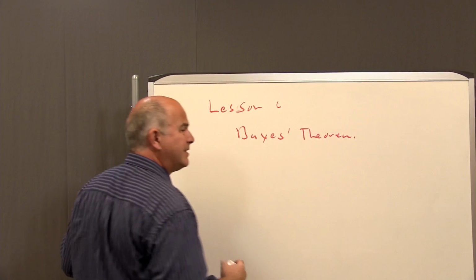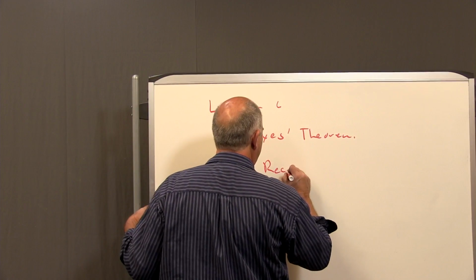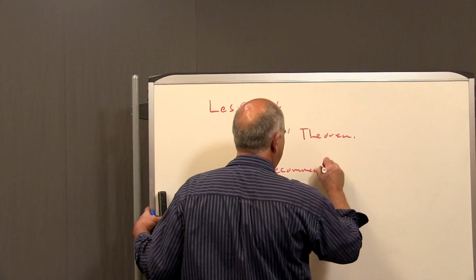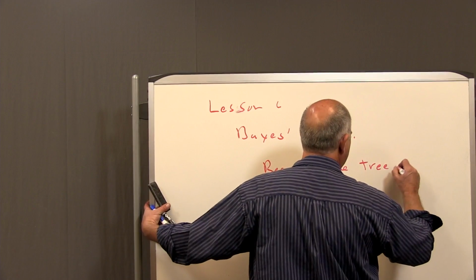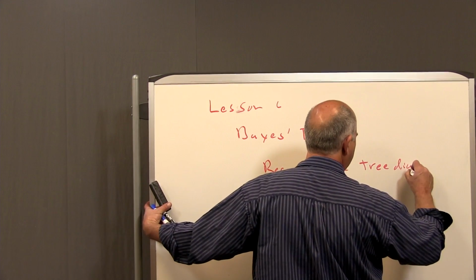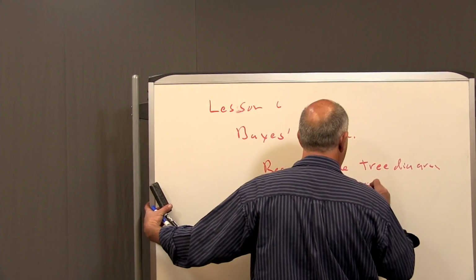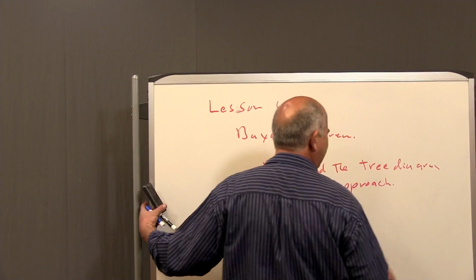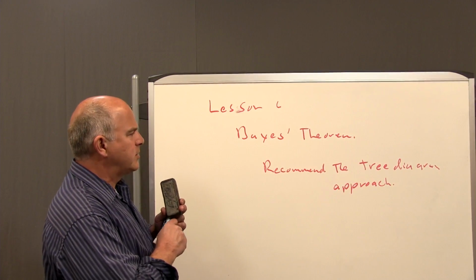It really is just a conditional probability, and I recommend the tree diagram approach. I think that's the easiest way to do those problems. So work on the tree diagram approach.